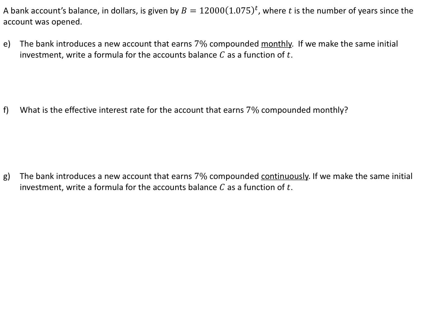In these last 3 parts of the question, we want to take a look at what happens if the bank, instead of giving us 7.5% annually, compounded annually, what if we compound it monthly? So question E says, what if 7% was compounded monthly and we make the same initial investment? So same initial investment means A is still 12,000.